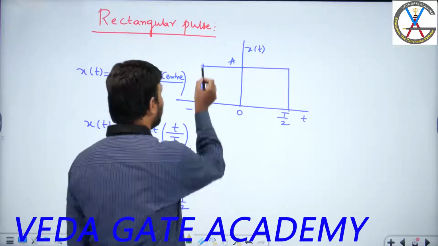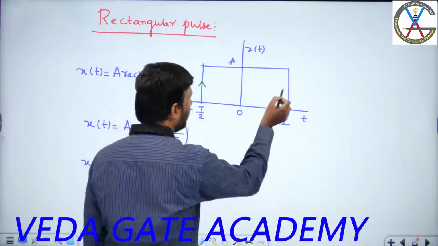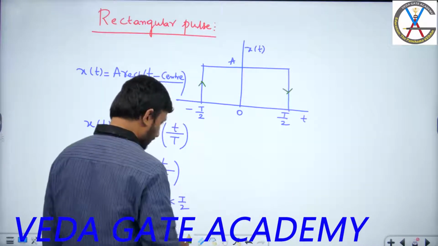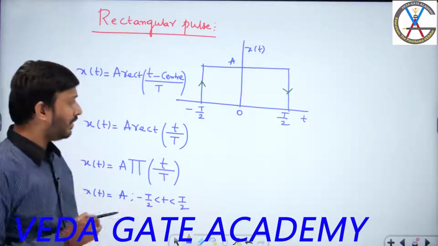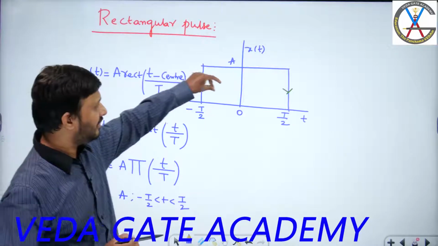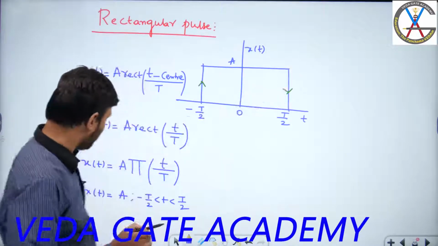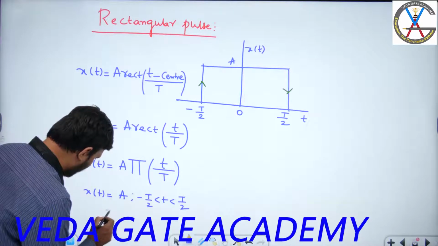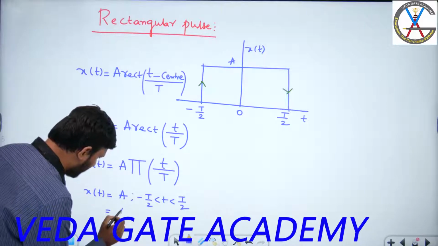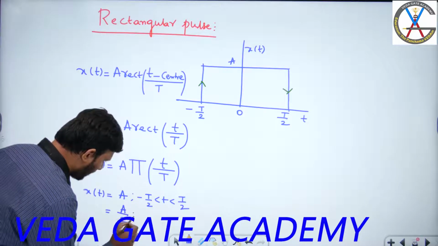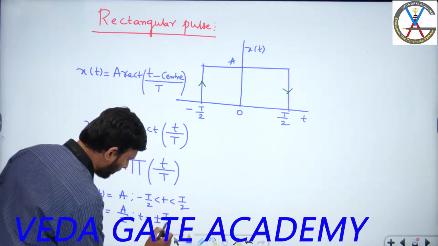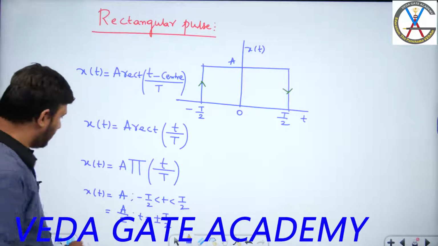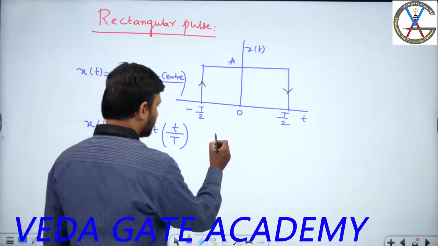One is going in the upward direction and one is moving in the downward direction. Now, if you want the values at the points of discontinuity, take the average of the values. So this is A by 2, this is also A by 2. So I can write this as A by 2 at t is equal to plus or minus T by 2.